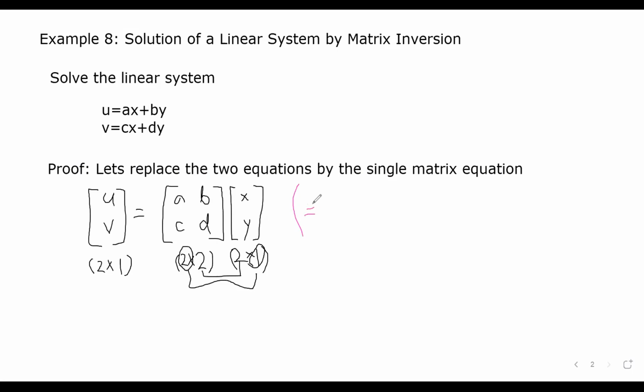The product of these two matrices is a 2x1 matrix, where the entry in the first row, first column is AX plus BY, and the entry in the second row, first column is CX plus DY.